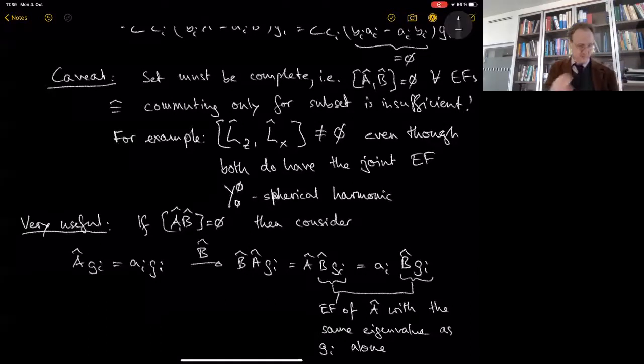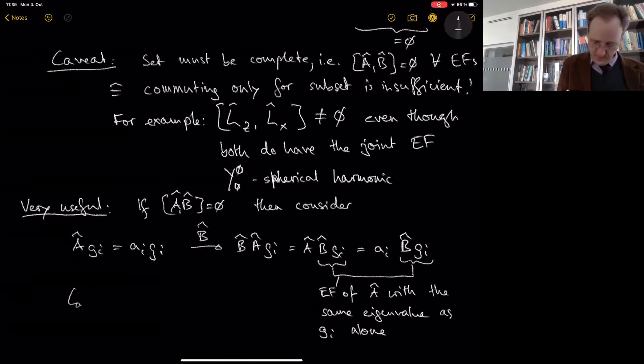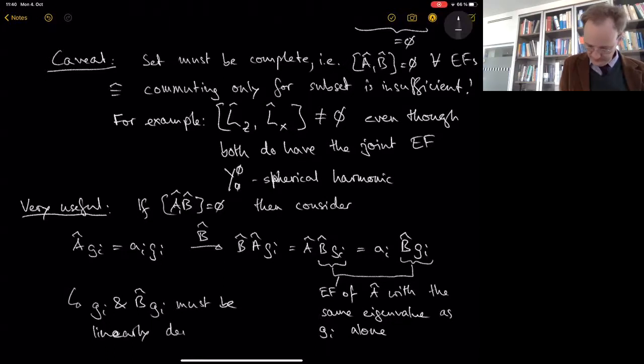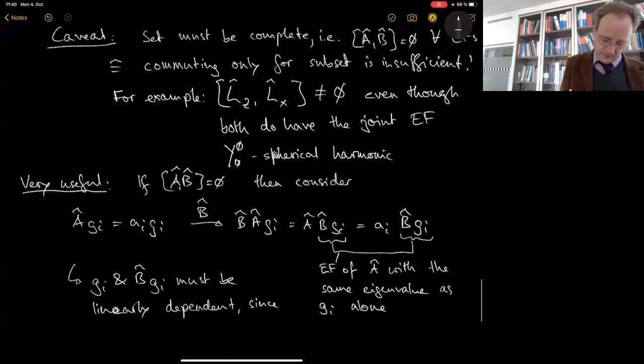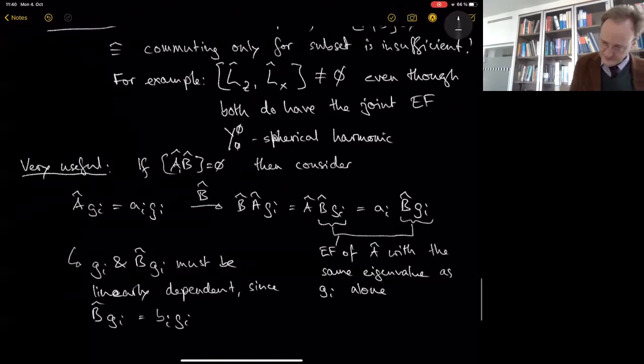Okay. So this means GI and BGI must be linearly dependent, since BGI equals BIGI, right?